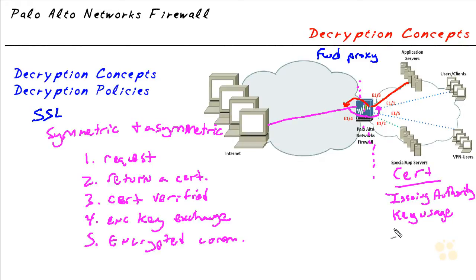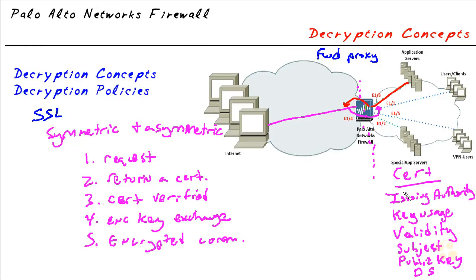I have a validity period, so a date range on it. I may have a subject, which is also called my name, or DN, distinguished name. I have the public key part. And then I may have a digital signature, and that portion is optional. But the certificate is going to have all of that, so we can verify exactly what I've got going on in there.